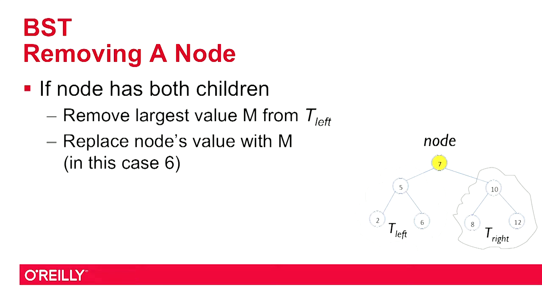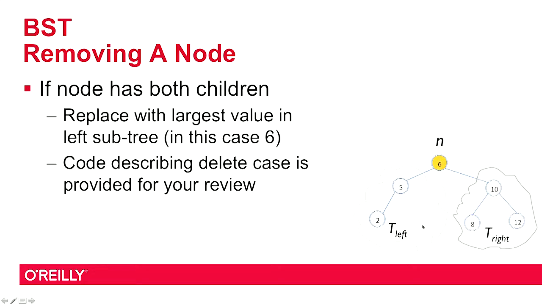And at the same time, because I know that that is the maximum element in the left subtree, I know that it's greater than or equal to all the other elements in the left subtree, which means it is a suitable candidate to replace the root node. So if I found it here, I could find that value 6 and then move it up and replace it.